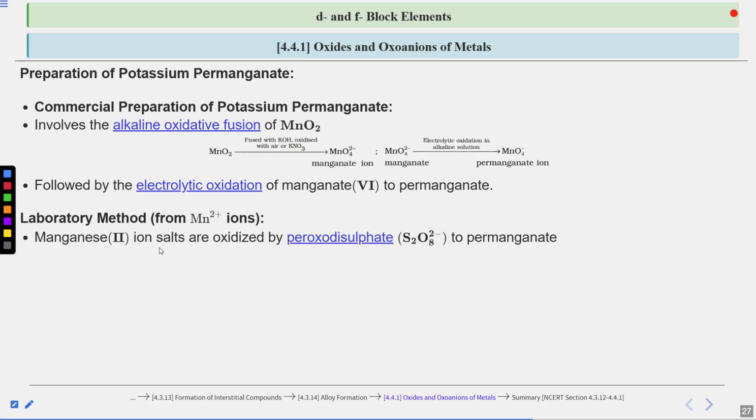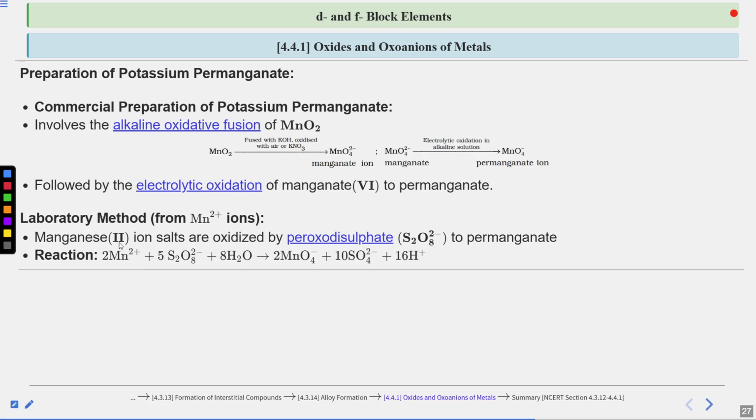Manganese +2 salts are oxidized by peroxodisulfate, that is S2O8 2 negative, to permanganate.